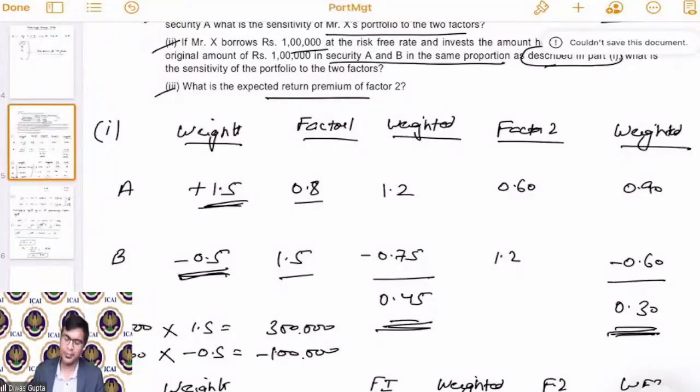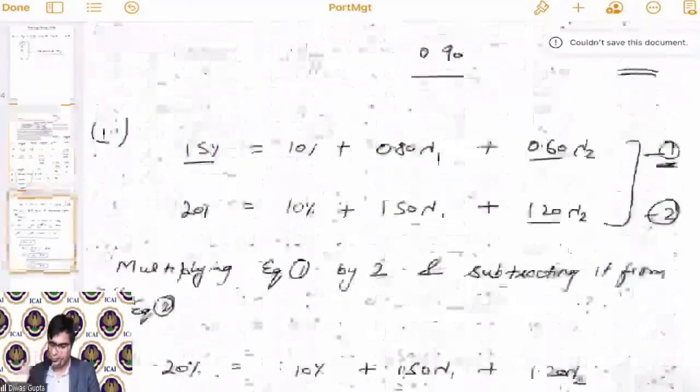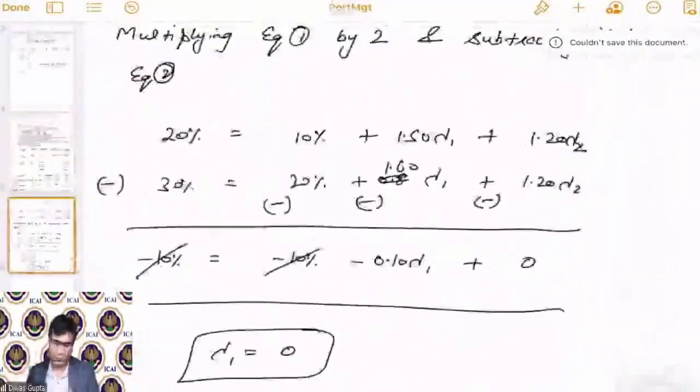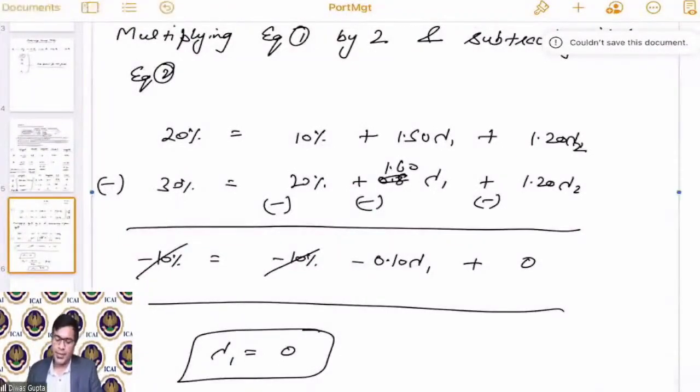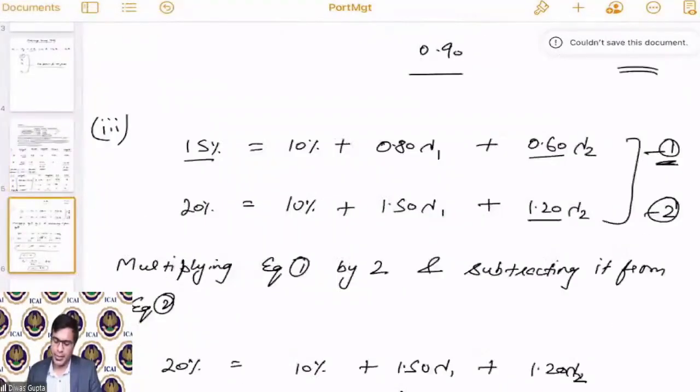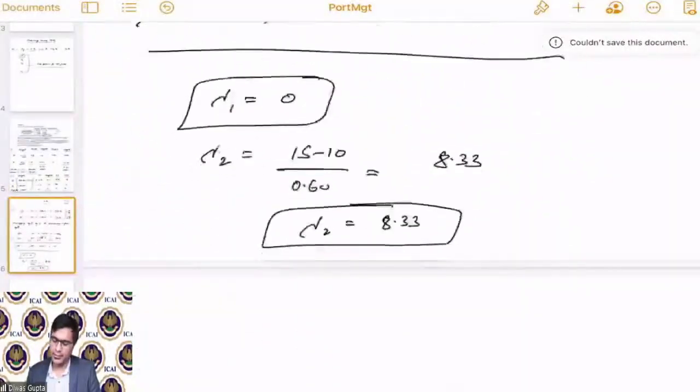Correct? Okay. So this is how the proportion has come out of 1 lakh. Okay, Namita? So this is the question on arbitrage pricing theory.